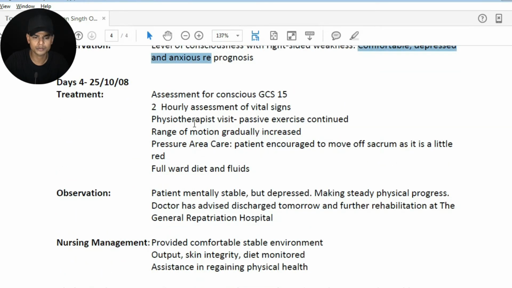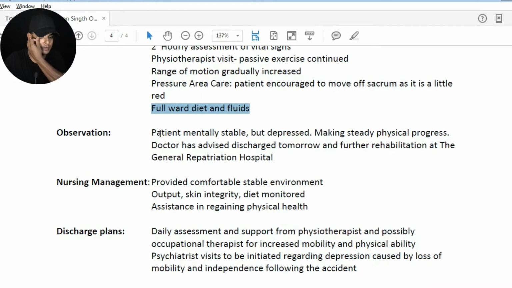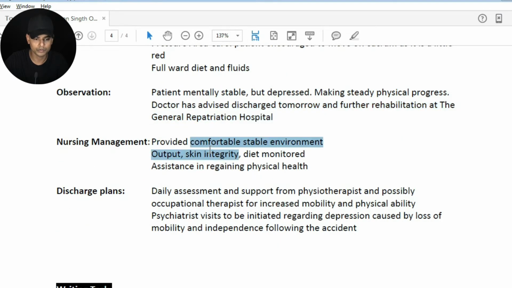Then physiotherapist continued. He was commenced on full ward diet and fluids. We have mentioned that. And finally, observation patient is mentally stable but depressed, making steady progress. Doctor has advised discharge. Okay, we have mentioned all that. Skin integrity, diet monitored. We have mentioned all these things.